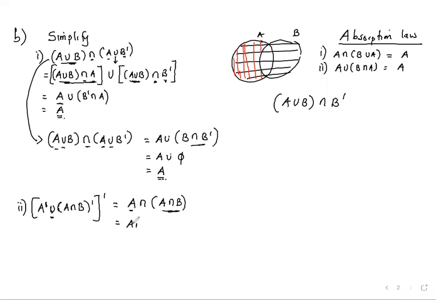We get A intersection B. There's no shortcut there. We have A intersection B as a subset of A. In your intersection, we get A intersection B.